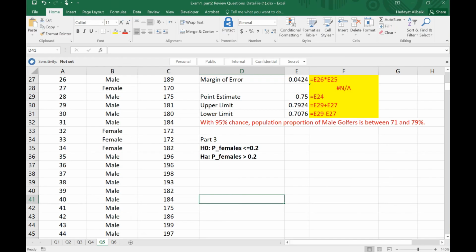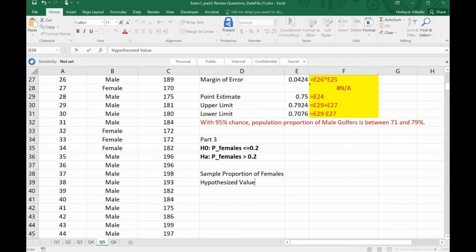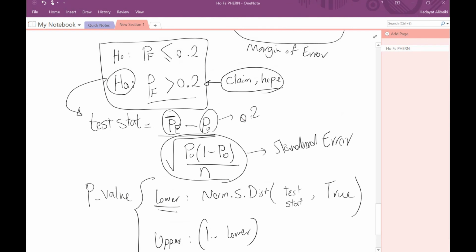So the sample proportion of females, and then the hypothesized value, and then the standard error.